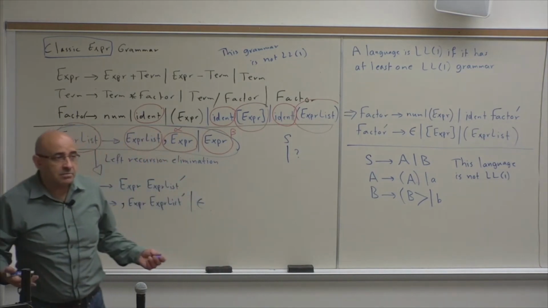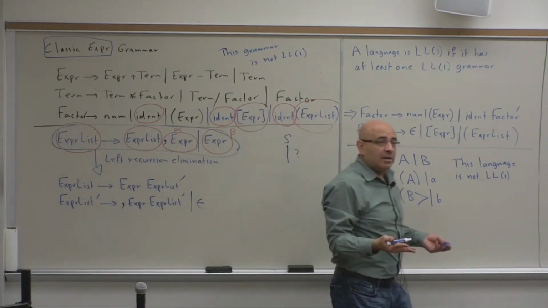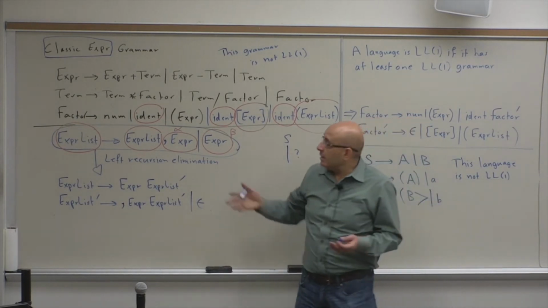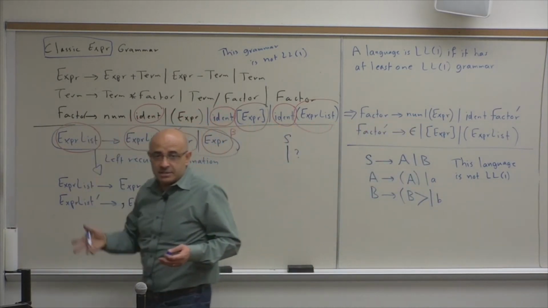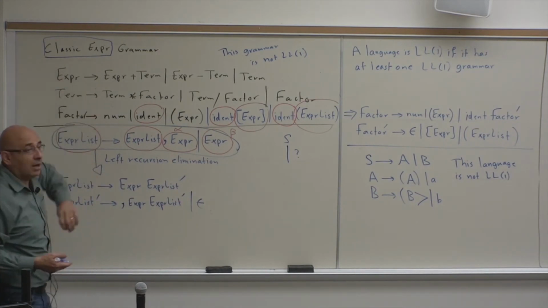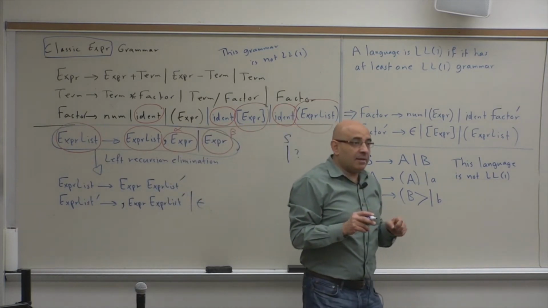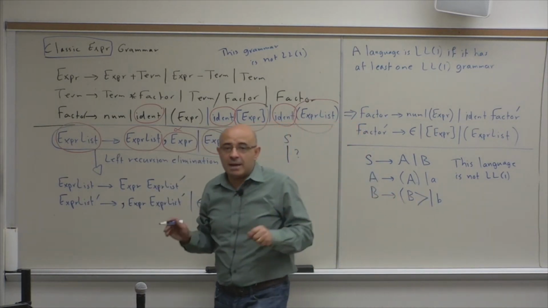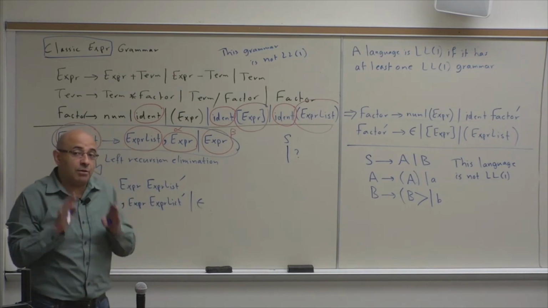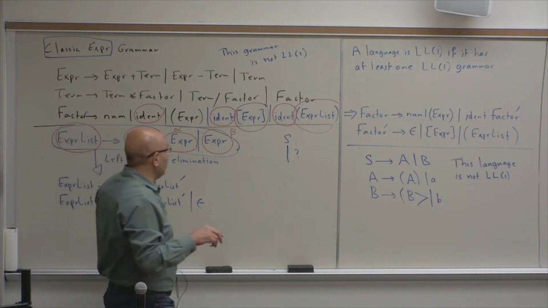In other words, for an LL1 language, I may give you a grammar that is not LL1, like the original left recursive form of this. It's not LL1. But if the language is LL1, then you will be able to convert the grammar into an equivalent LL1 grammar. Just like regular languages.